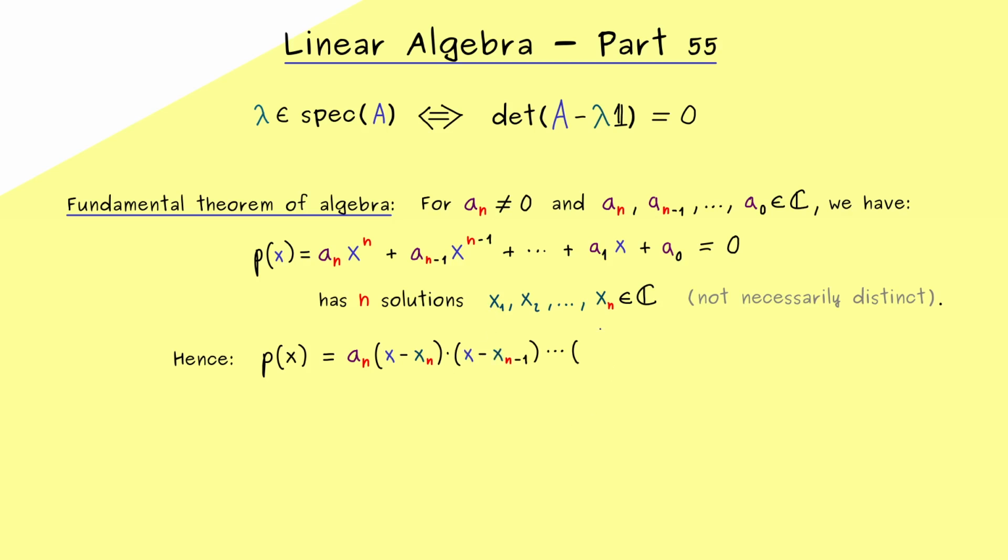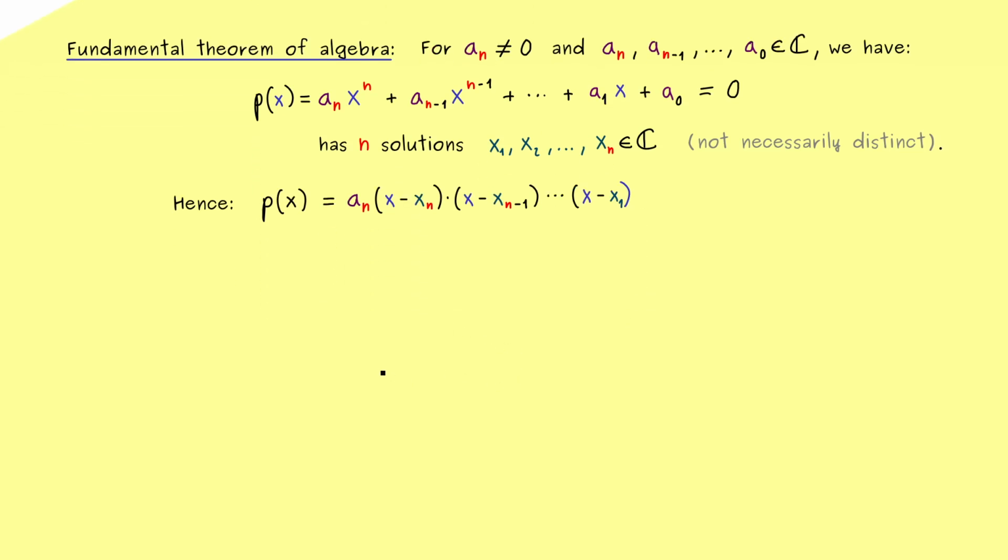In other words, the fundamental theorem of algebra tells us that we have exactly n linear factors here. And there you see, if one solution occurs more often, it would just represent more linear factors in this factorization. And there I can already tell you, at this point the term multiplicity comes in.